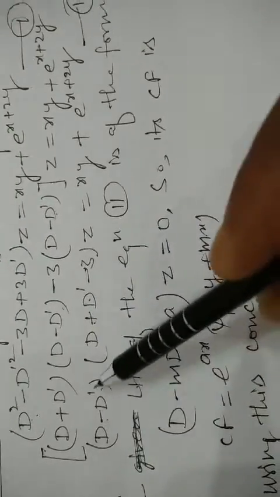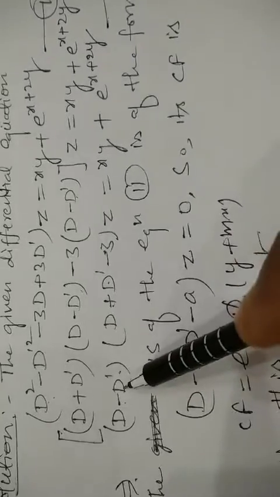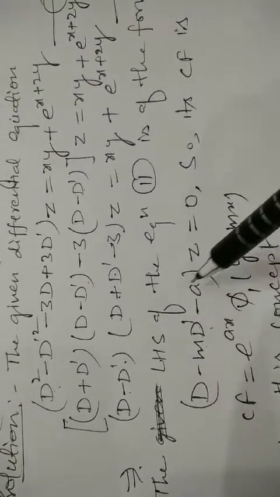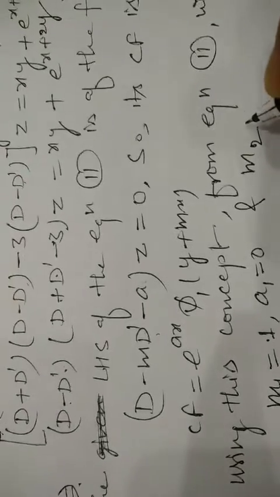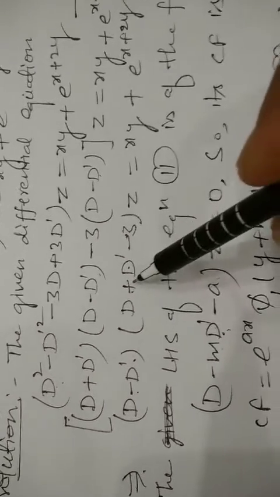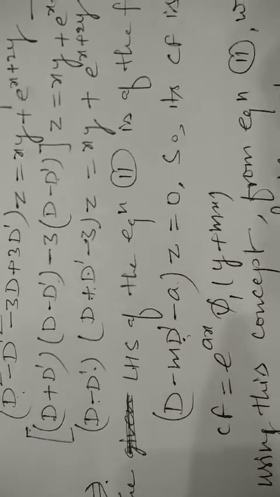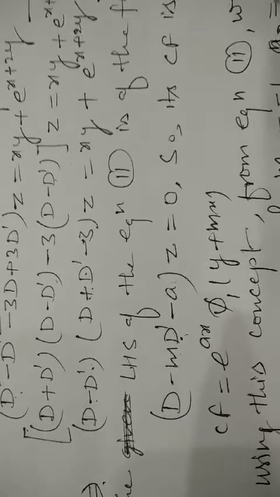Now from here, D minus D dash, after comparing this with the first factor, here the value of m is 1, the value of a is 0, so from equation 2 we get m1 is 1, a1 is 0, and m2 is, just see, after comparing this equation with this equation, m2 is minus 1, a2 is 3.